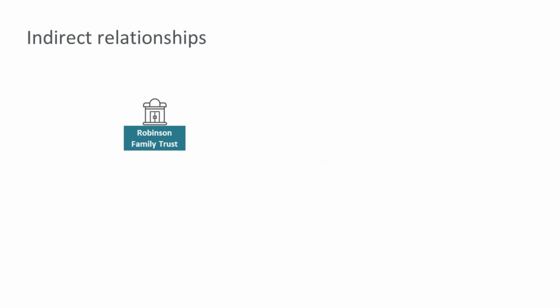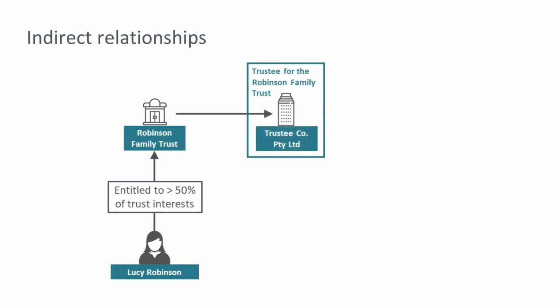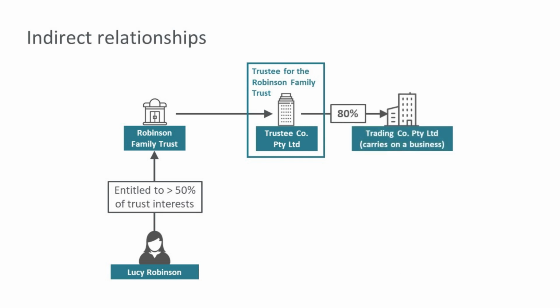In the example on your screen, the Robinson Family Trust is a discretionary trust, of which Lucy Robinson is a beneficiary entitled to greater than 50% of the trust interests, which is a controlling interest. Also, the trustee of the Robinson Family Trust, Trustee Co. Proprietary Limited, has an 80% controlling interest in the business carried on by Trading Co. Proprietary Limited.